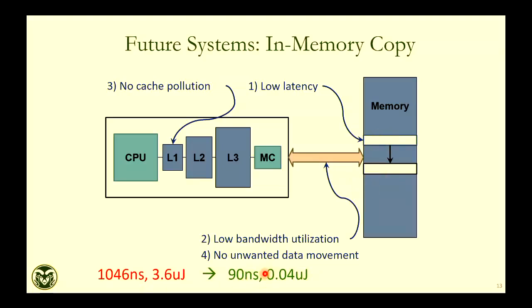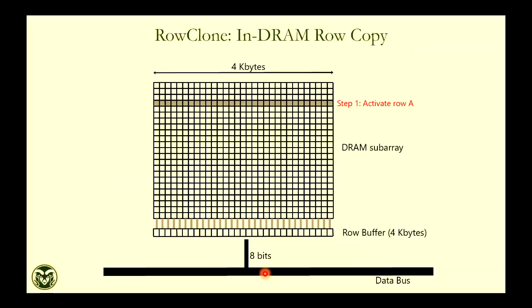Now, how to do that? So this is how you'll do it. First, step 1, you activate the row which you want to copy. This is your source row. The moment you activate, data comes to the buffer. So data will come from this row to the buffer. You're not transferring data out of the chip. Data is inside the row buffer. Next, you will activate the other row and then write it back, because the data buffer is common for everybody.